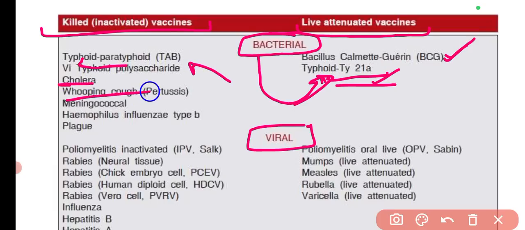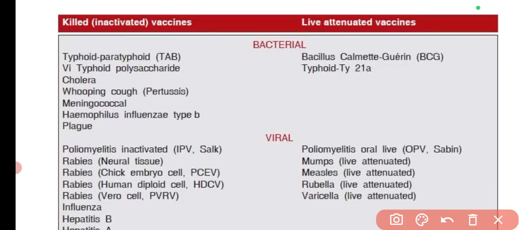Then cholera, whooping cough, meningococcal, Haemophilus influenzae type B, plague: these are the killed bacterial vaccines. Now for the viral vaccines, there is the oral polio live Sabin vaccine. You can see Sabin is viral live attenuated and Salk is for polio only; it is a viral killed vaccine.